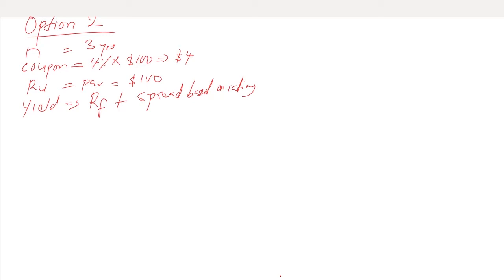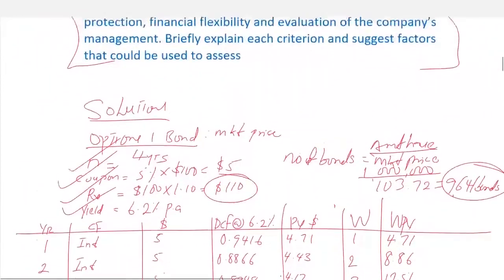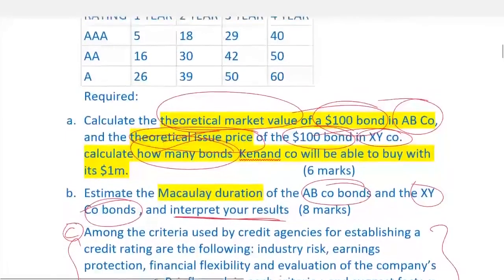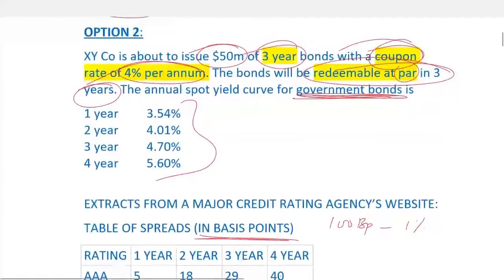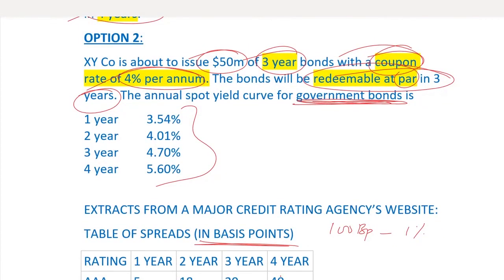So I'll come here and say year. Year 1, year 2, year 3. And I'll come here and say risk-free rate plus spread. Okay, so what's my risk-free rate? We'll check. The risk-free rate for year 1 is 3.54. For year 2 is 4.01.